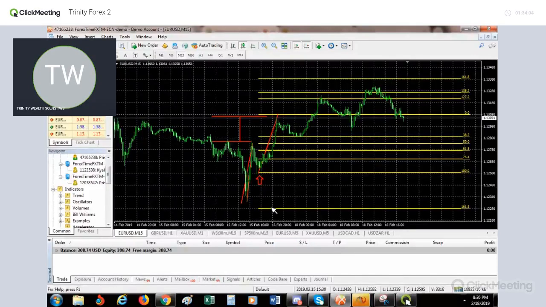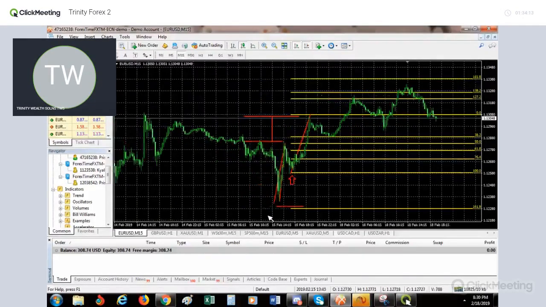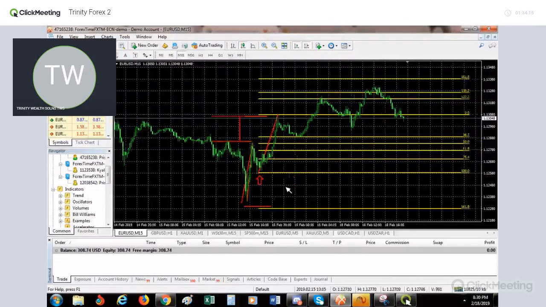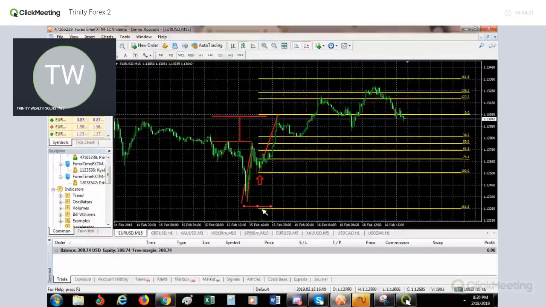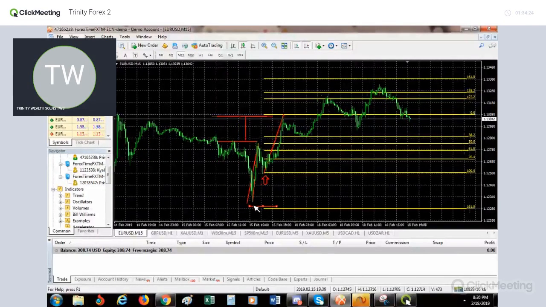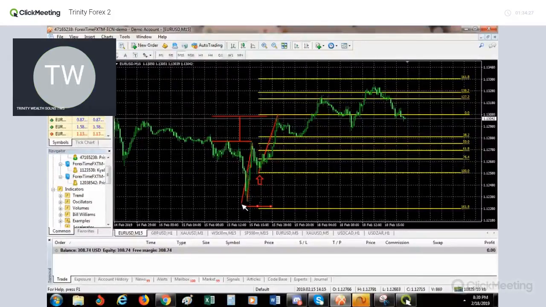So what I will do, I will move my SL. Previously, when I bought, my SL was here. The moment the market breaks this structure and hits 127, because I'm expecting a shallow correction, I will move my SL to 50 or 61.